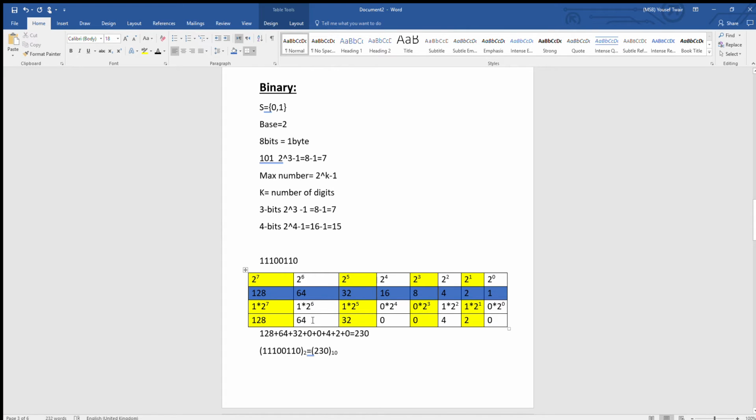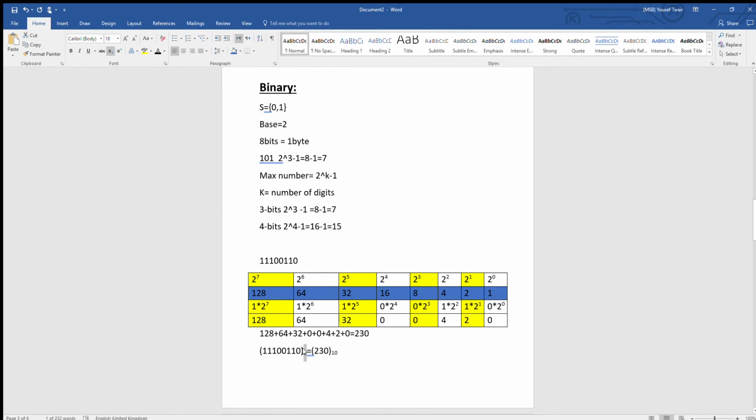And I continue. Then I add those numbers in the last row. 128 plus 64 plus 32 plus 0 plus 0 plus 4 plus 2, their sum comes to 230. After I add them, the sum of the numbers in this row gives me 230. This means this number, which I wrote before, 111000110, is the same as this number to the base 2, because it's binary and the base is 2.